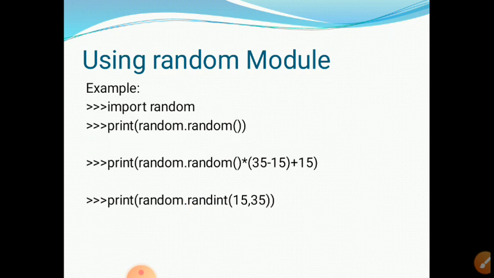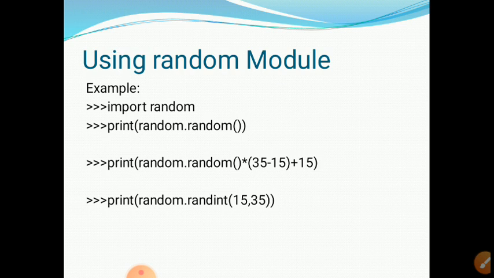So how will we use this? First we import it each and every time we are using it. Then print random. The first random is the name of the library, just like in maths we write math dot then the function name. So here we just write random.random.